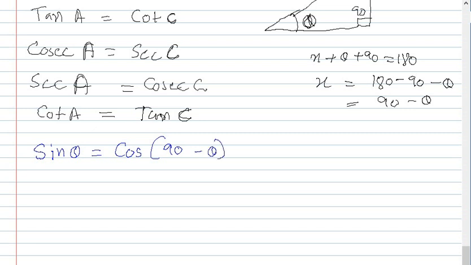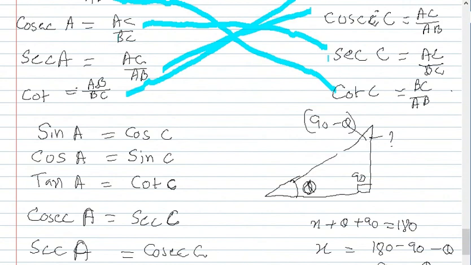This means, suppose theta is equal to 30 degree, then sin 30 degree is equal to cos 60 degree. Why? 90 minus theta, in place of theta you put 30, so 60 degree. Similarly, all the angles can be written in the same way.